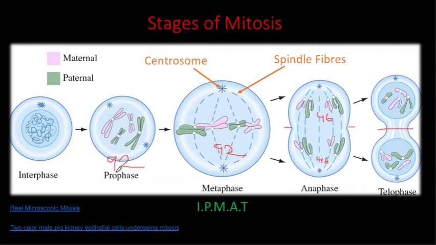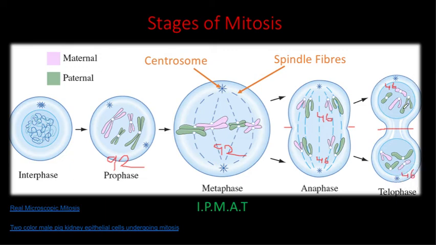Between the interphase and prophase stage, the nucleus actually dissolves and goes away. And then between the anaphase and telophase phases, you develop two new nuclei that encase the genetic material of your two new cells. So here we've also got 46, 46.